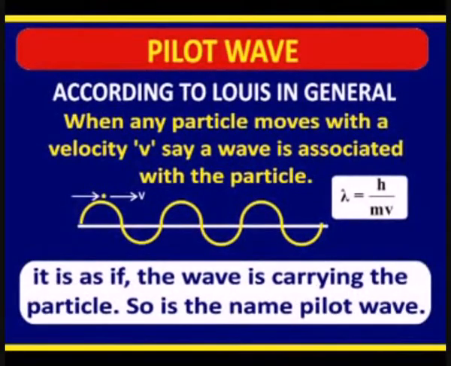The pilot wave equation is lambda equal to h upon mv. With this equation, what do we understand? Some energy is liberated, and with the energy liberation a particle is associated with this energy. Thus, if one can understand this wave, then he can understand what has been thought.